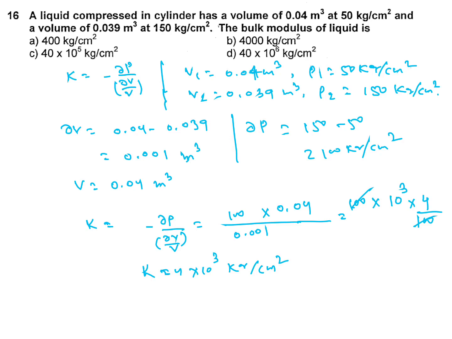A fluid jet discharging from a 100 mm diameter orifice has a diameter of 80 mm at its vena contracta. The coefficient of contraction is how much? D1 given 100 mm, D2 equal to 80 mm.